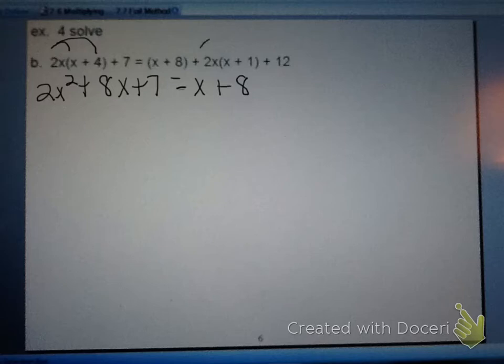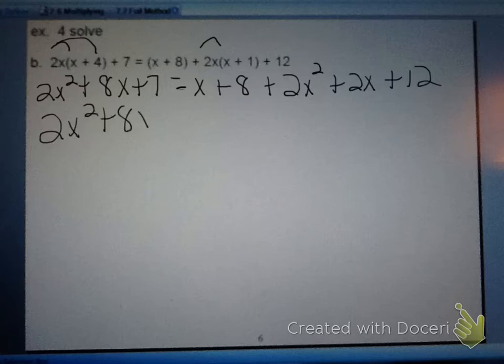The second parentheses, we're going to have to do the distributive property. Now look on the left side of the equal sign. There is nothing that we can combine, so I'm just going to bring it down. On the right side of the equal sign, I don't have anything to combine the 2x squared with, so I'm just going to bring that down.